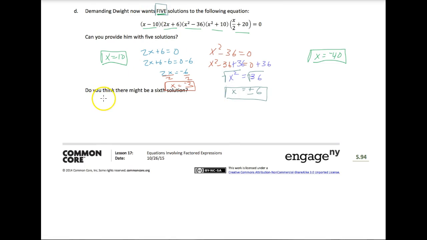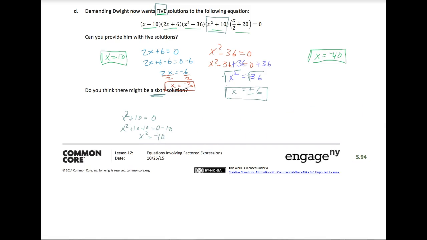But it says, do you think there might be a 6th solution? Well, we have not examined the x squared plus 10, so let's think about that. x squared plus 10 equals 0. That means we'd have to subtract 10 from both sides. Plus 10 minus 10 equals 0 minus 10. When we do that, we get x squared equals negative 10.